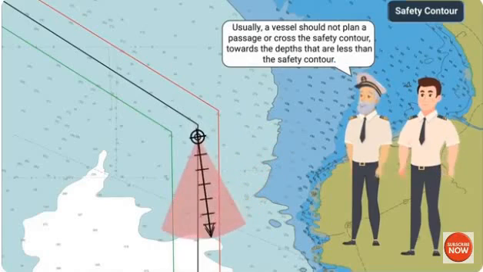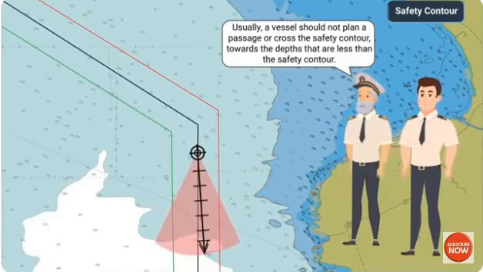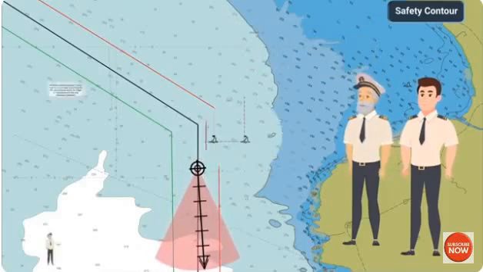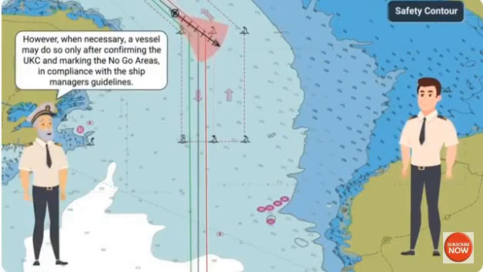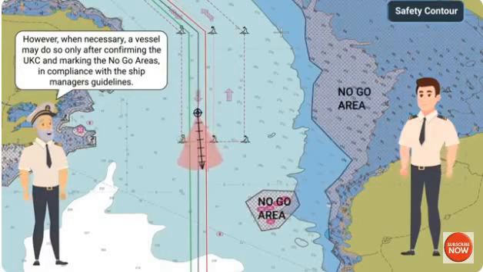Usually a vessel does not plan a passage or cross the safety contour towards the depths that are less than the safety contour. However, when necessary, a vessel may do so only after confirming the UKC and marking the no-go areas in compliance with the ship manager's guidelines.